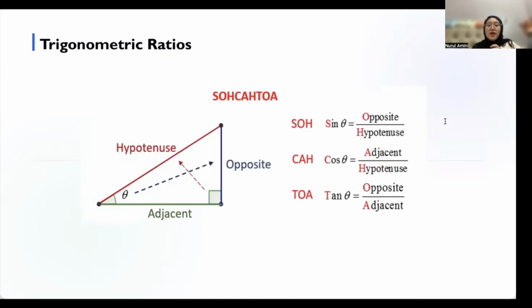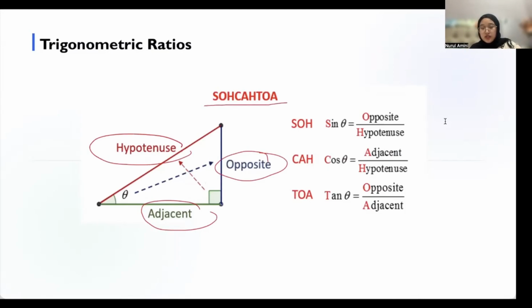If there is a right triangle like this, this is called the adjacent side, this is called the opposite side, and this is called the hypotenuse. It is easier to solve problems, especially in angle of elevation, if you can remember this. To help us remember, you can use SOH.